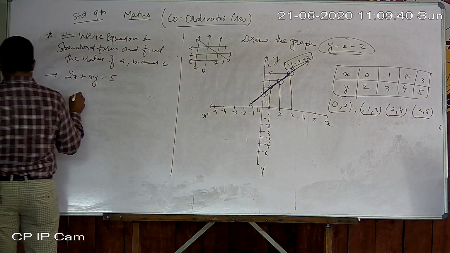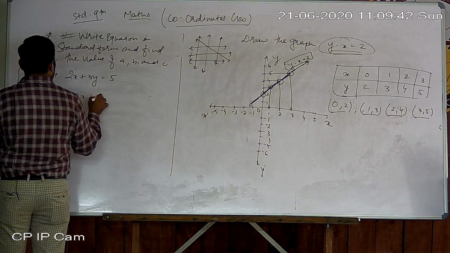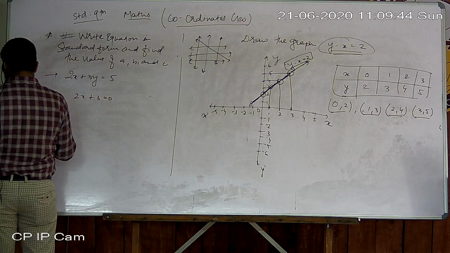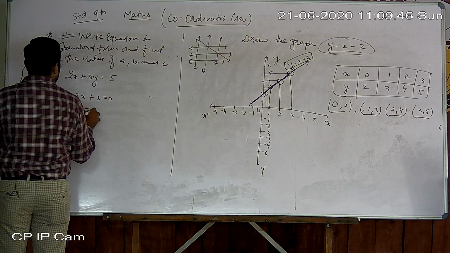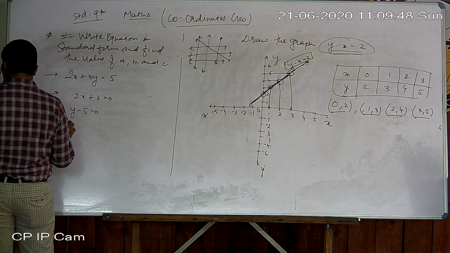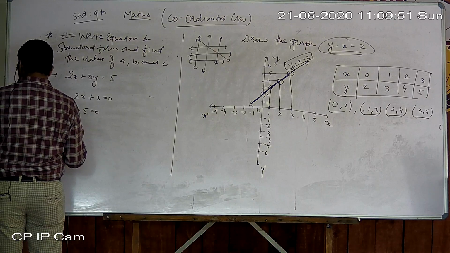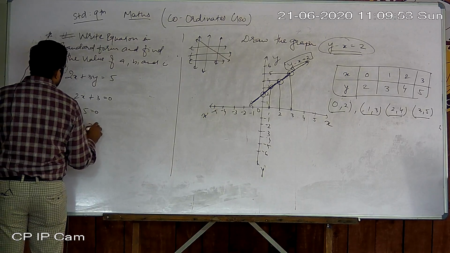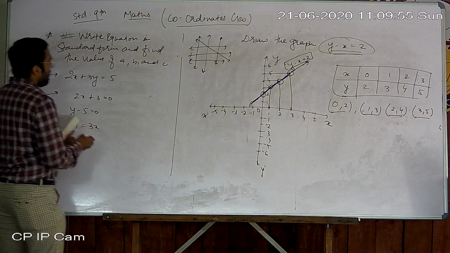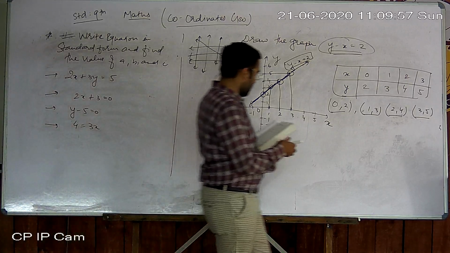Second, 2x plus 3y minus 5 equal to 0. And third, 4 equal to 3x.